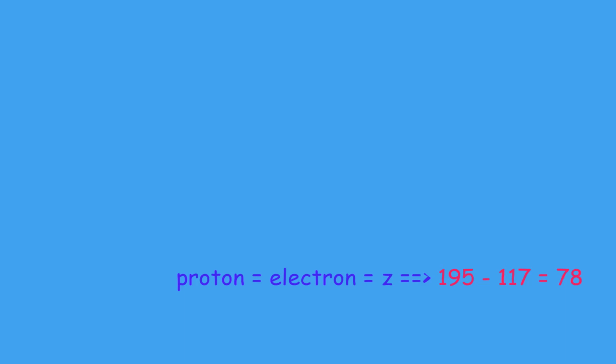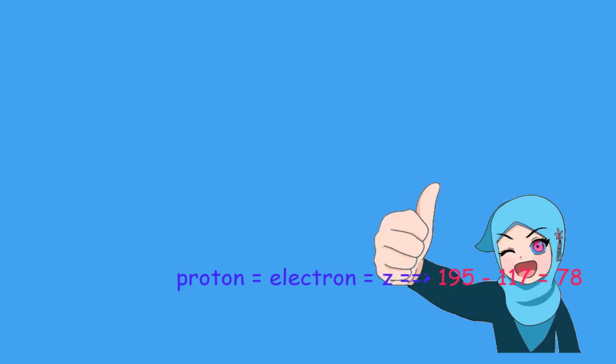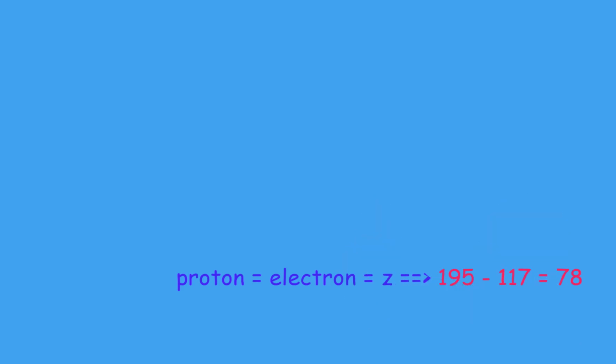The proton number is 199 minus 117, which gives 78. Remember that the protons equal the electrons because of the neutral charge. So the atomic number for this element is 78.